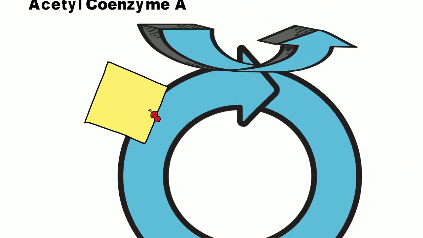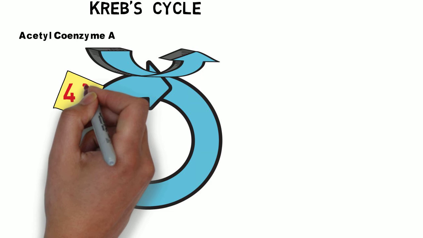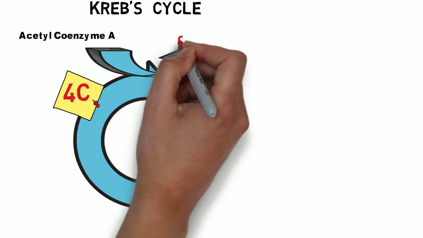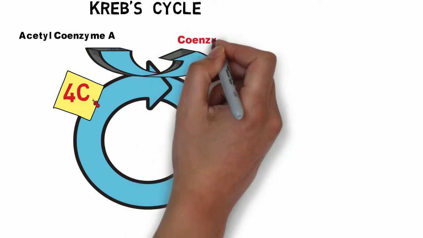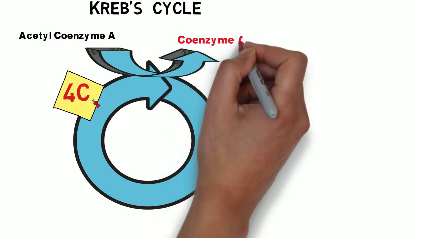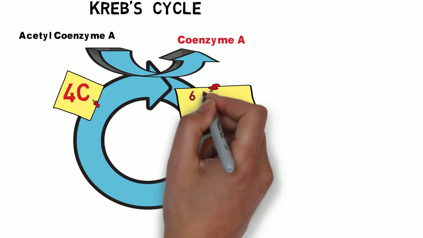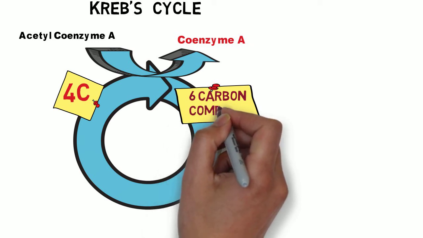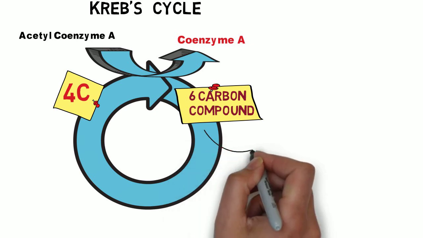It enters the Krebs cycle and allows the acetyl, which is a 2 carbon compound, to combine with the 4 carbon compound already present in the Krebs cycle. This compound is called oxaloacetate. The coenzyme A is released and returns to the link reaction to continue its process. As a result, a 6 carbon compound is formed. This 6 carbon compound is called citric acid or citrate.